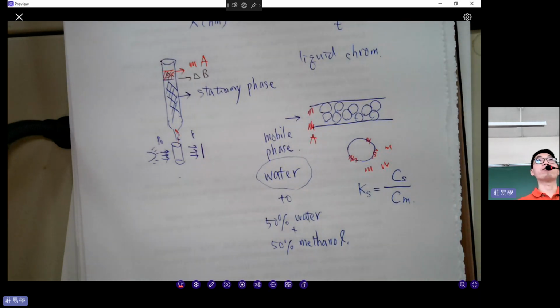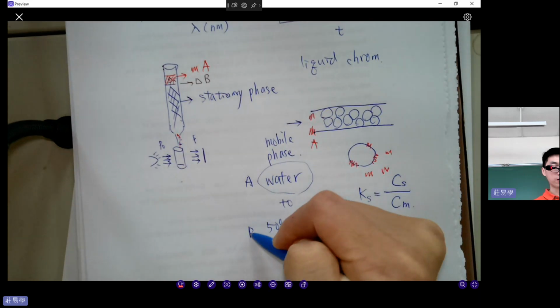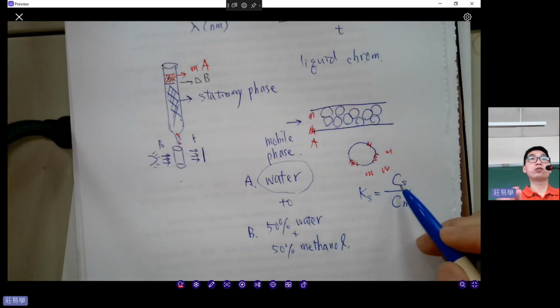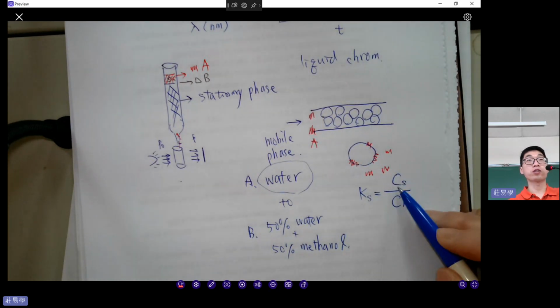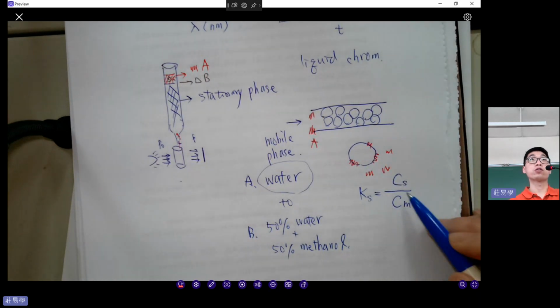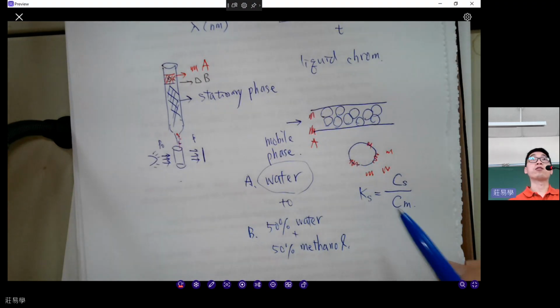In which scenario do you have a large Ks? Remember, Ks means the concentration of your compound in the solid phase over the concentration in the mobile phase after reaching equilibrium. So case A or case B, in which case do you get a large Ks?